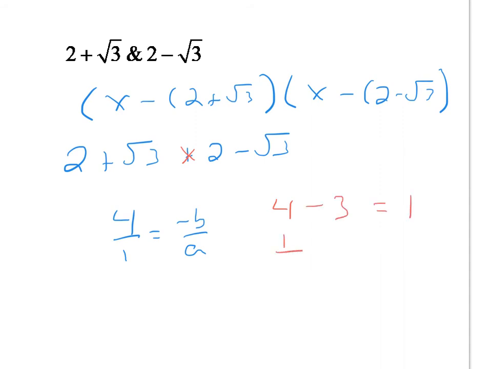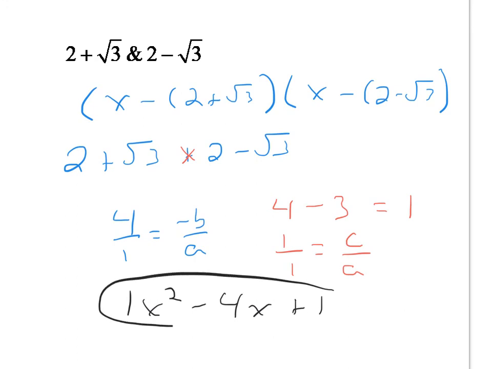So 1 over 1 is equal to c over a. So my quadratic equation is going to be, a is 1, so 1x squared. B is negative 4, so minus 4x. C is 1. There's the equation with roots of 2 plus root 3 and 2 minus root 3.